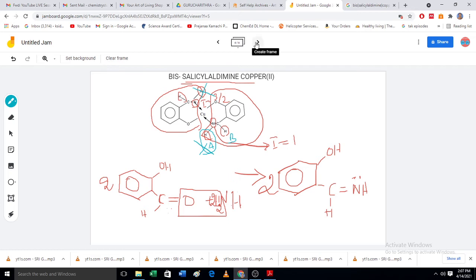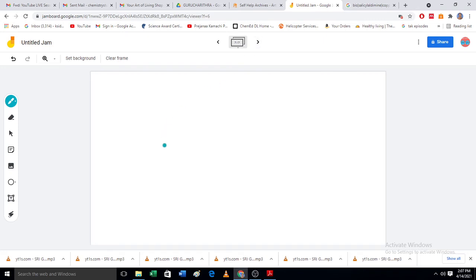Okay, so first of all what will happen is the copper will undergo splitting. So it is 2nI of Cu plus 1.